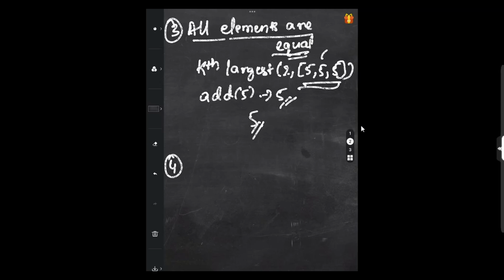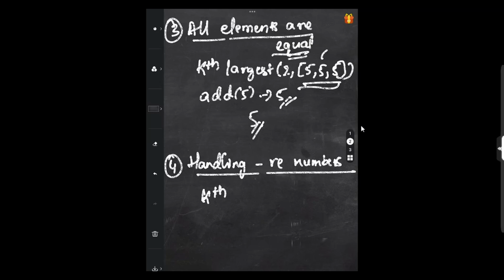Let's discuss the final, not the final edge case, sorry. Let's go with the fourth edge case, handling negative numbers. So let me consider here kth largest element, kth largest 2, and negative numbers we are considering this time: -10, -5, and let me consider some number, -3 or something.